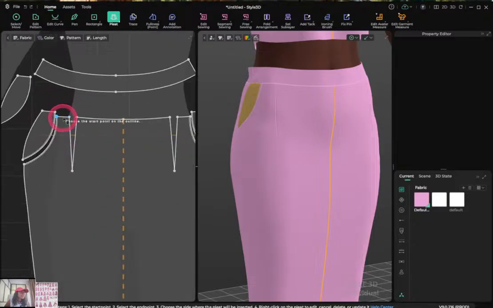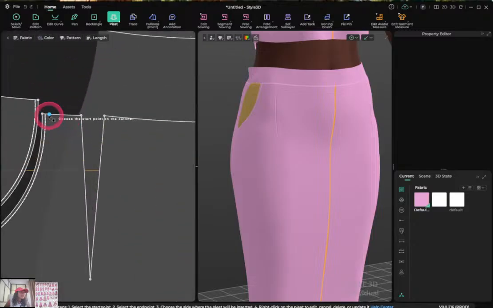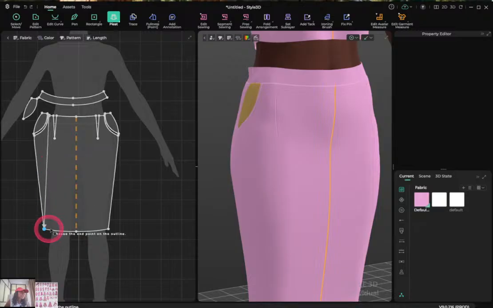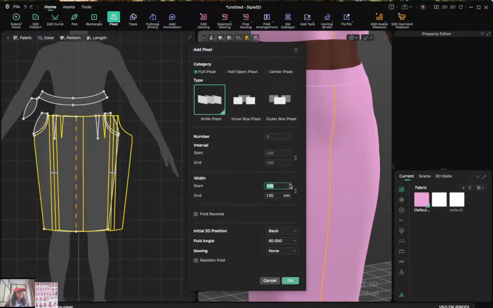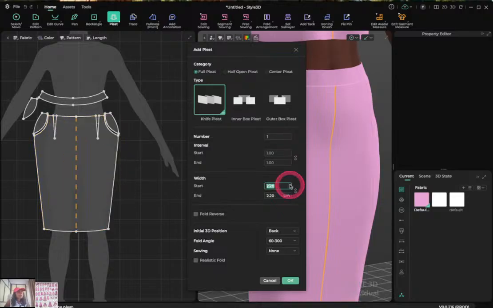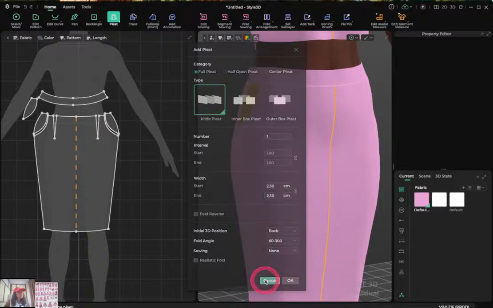Let me do this and then ta-da, and then boom. So at least I hope this side I'm able to do 2 pleats. No, still not. Okay. At least I can make them wide. Oh, what? That didn't work out.